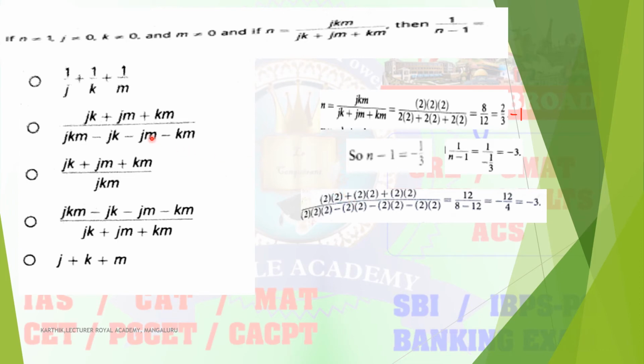I will take the second option and substitute the same values, all 2. This answer should match the earlier answer. Here also you will get minus 3. So which option is correct? Option B is correct.